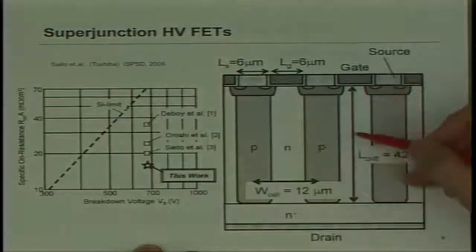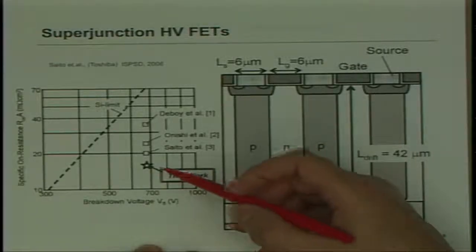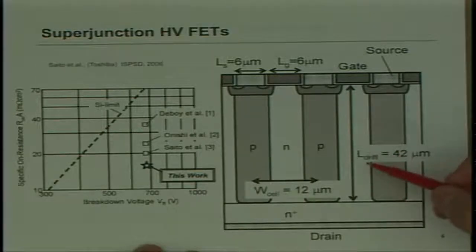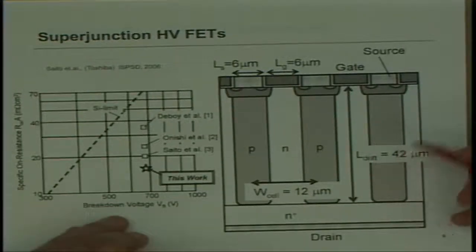By doing some of these tricks with these alternating N and P layers, it's not a cheap process, but it does allow very good areal density. And you'll see these commonly made by a number of manufacturers. This is the dominant switch right now in power supplies, for example.